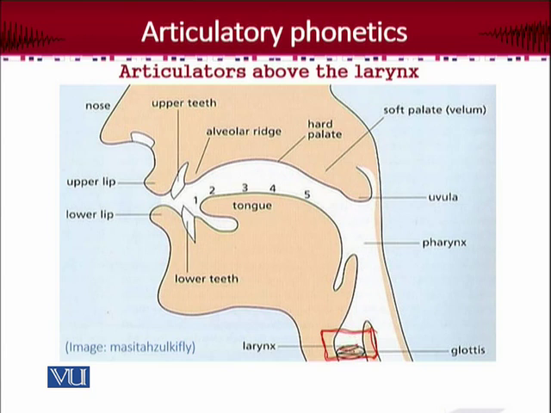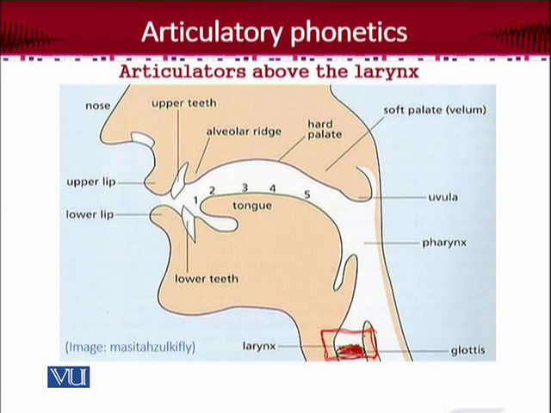This place, which is called the glottis, is the space between the two folds. Between these two folds, if it is open and the air passage is free, then the sounds are voiceless. But when it is tight and vibrating when the air pressure is coming out, then those sounds are voiced sounds.